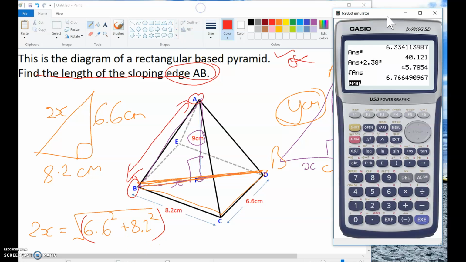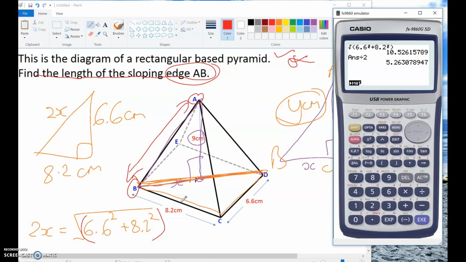So let's go shift, root, and then bracket, 6.6 squared plus 8.2 squared, and close the bracket. That's our 2x, but we need to divide by 2 to get our x.